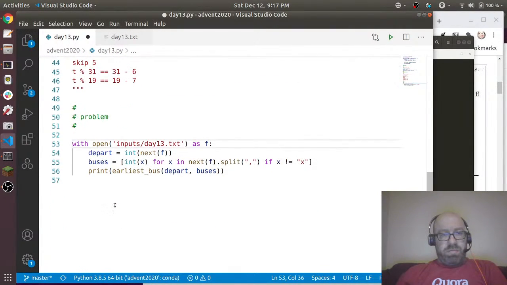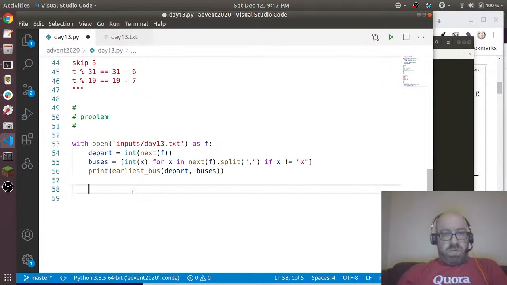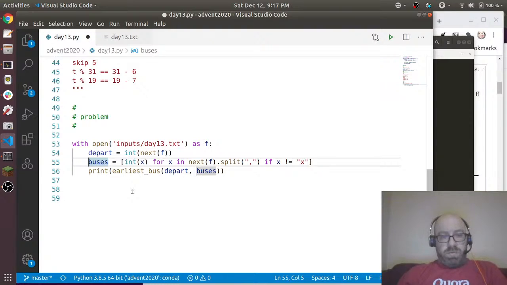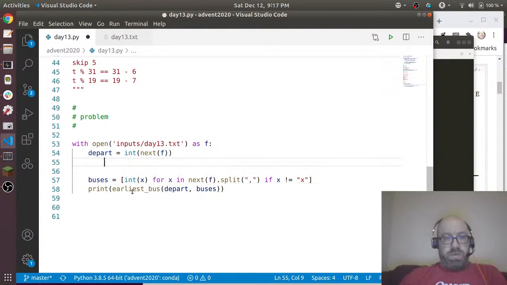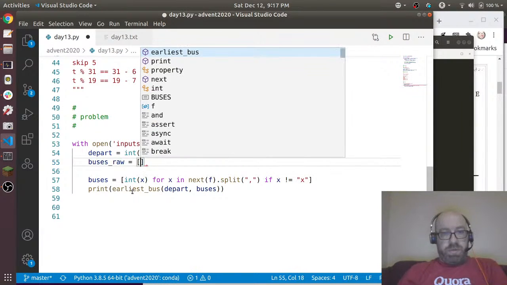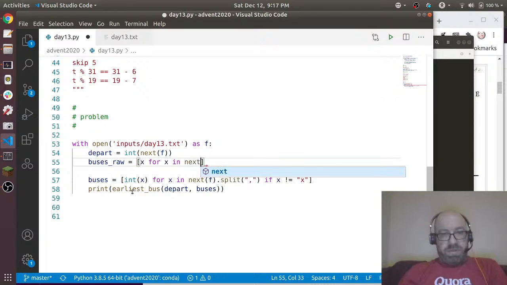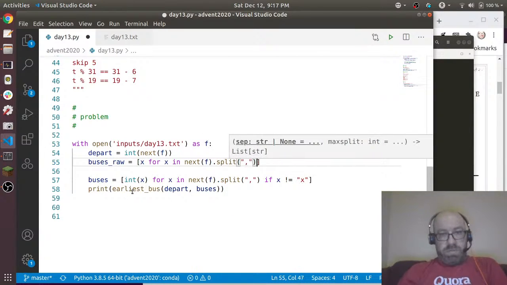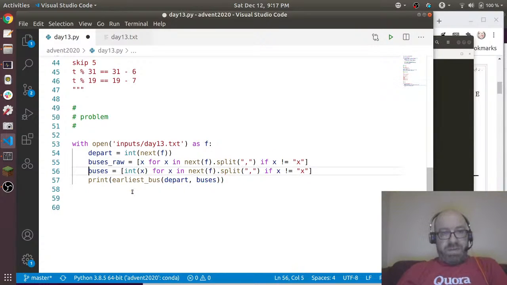So really what I want to do is say buses raw equals x for x in next f dot split on commas if x is not equal to x, and that way I've captured it. For x in buses raw.